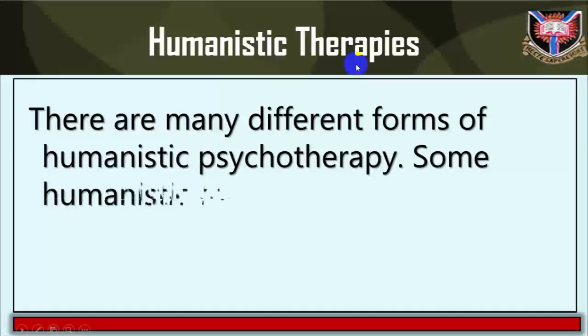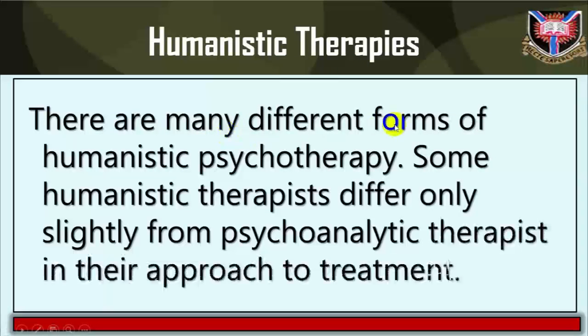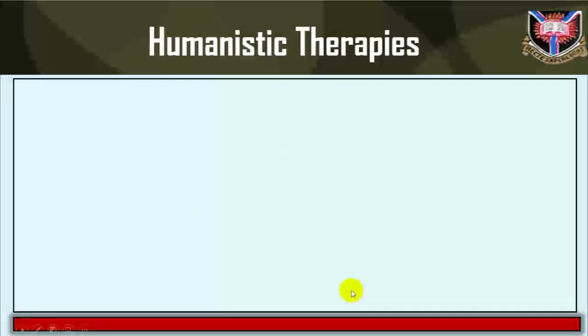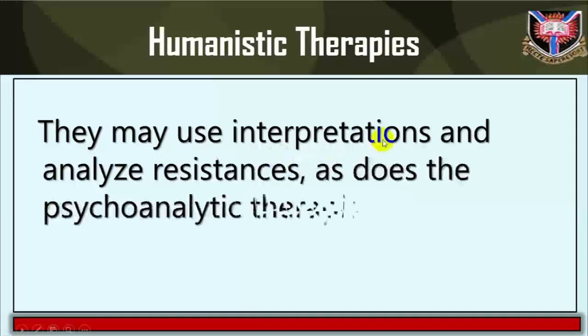Humanistic therapies. There are many different forms of humanistic psychotherapy. Some humanistic therapists differ only slightly from psychoanalytic therapists in their approach to treatment. They may use interpretations and analyze resistances, as does the psychoanalytic therapist.